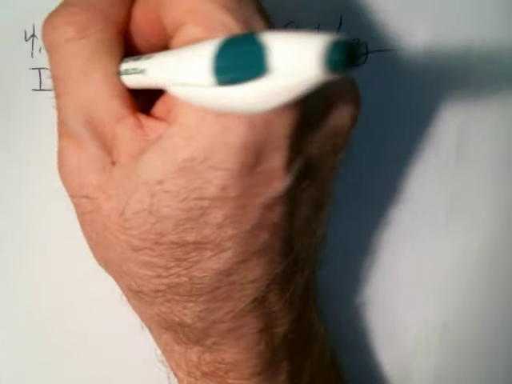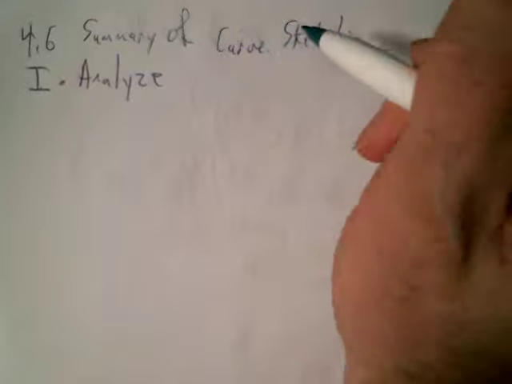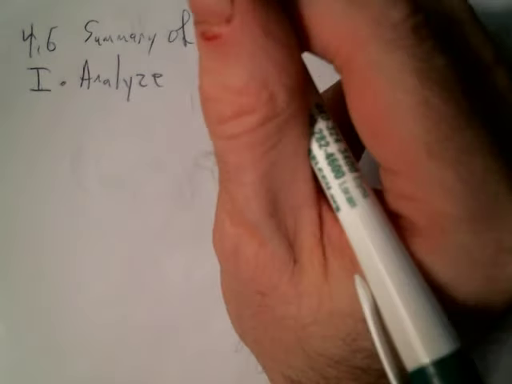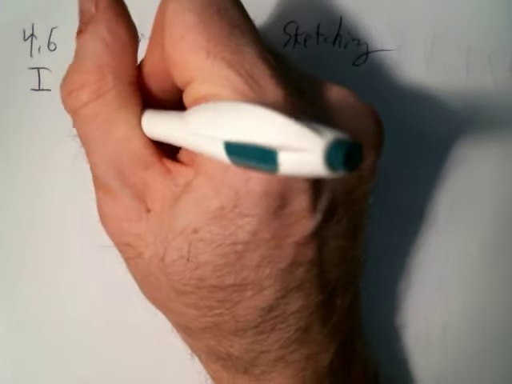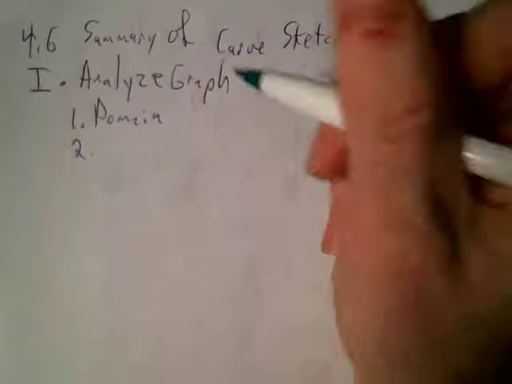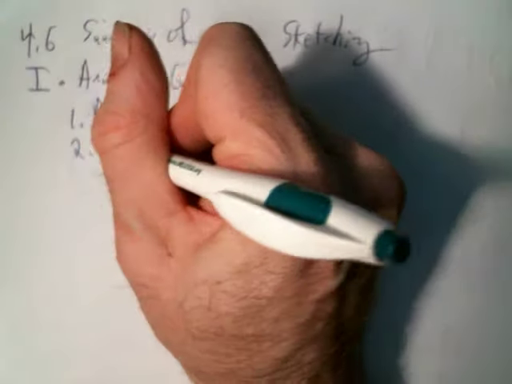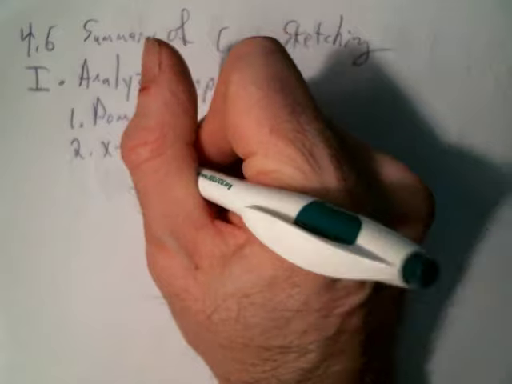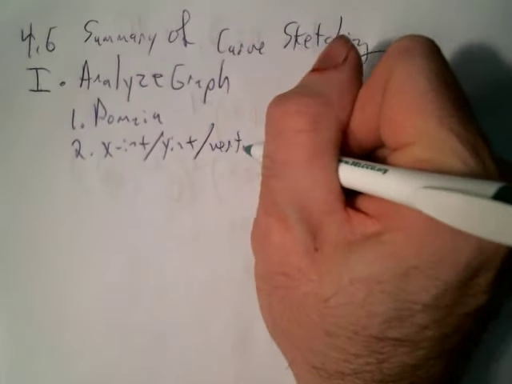And the way I want you to do it on a quiz or on the test is the following. I want you to identify the domain. The book wants you to get the symmetry. I'm not worried about that. Secondly, get the x and y-intercept and the vertical asymptotes.